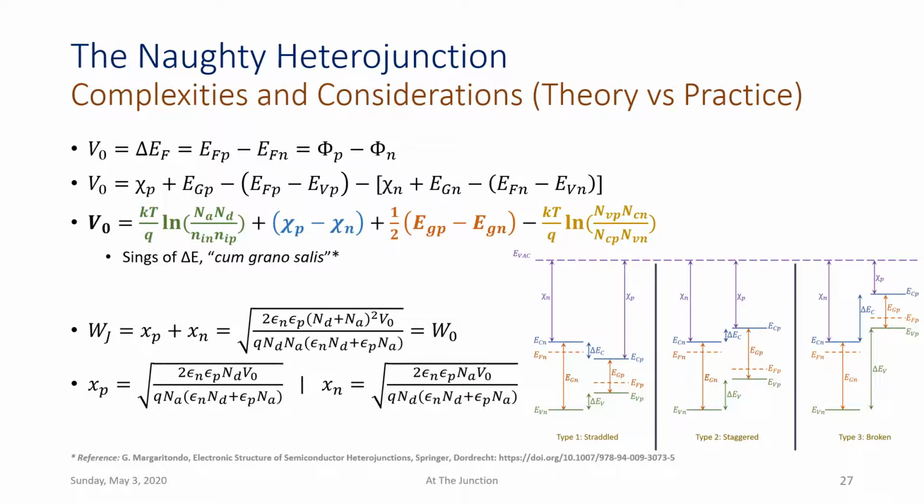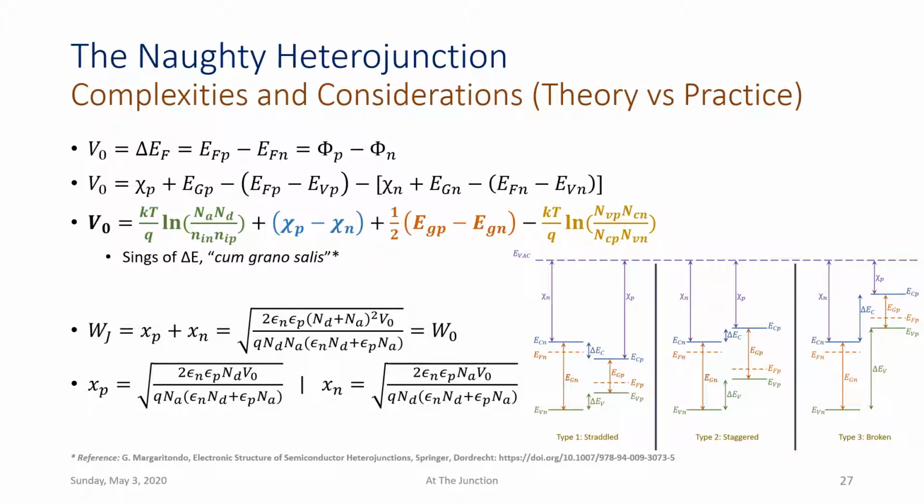So what would be the expression for the built-in potential and the width of the junction for a heterojunction? Well, we can start off at the basics, where V naught is equal to the change in the Fermi level energies of each of the materials, and therefore is equal to the work function of the P side minus the work function of the N side.